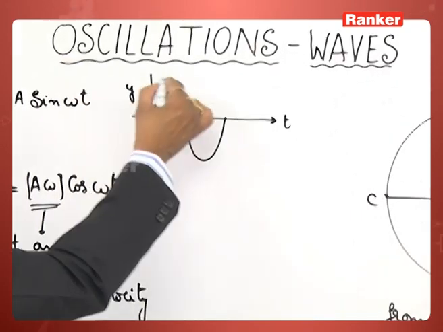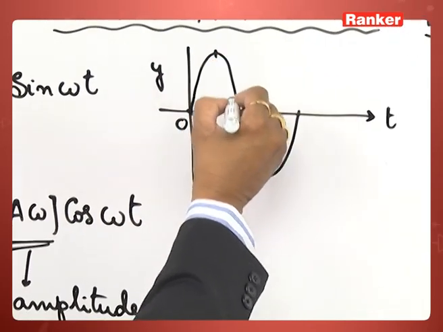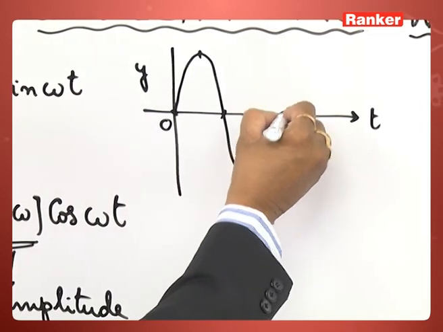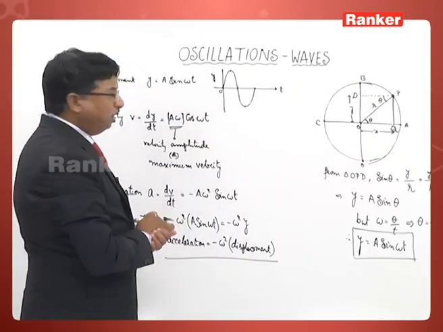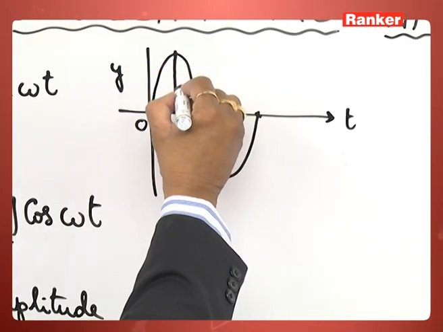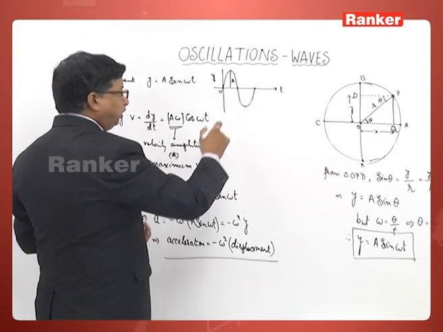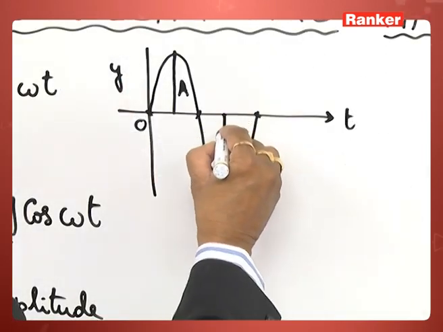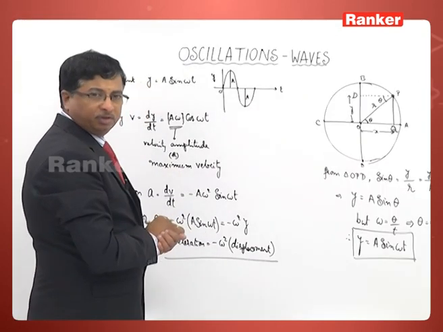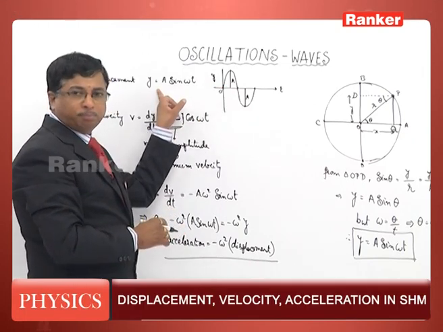That is the graph I am going to get: sine 0 is 0, sine 90 is 1, sine 180 is 0, sine 270 is minus 1 and sine 360 is 0. And what is this maximum displacement called here? It is called the amplitude. Whether you take that amplitude at the crest or trough, never mind, it will be the same. So this is the graphical representation for this waveform.